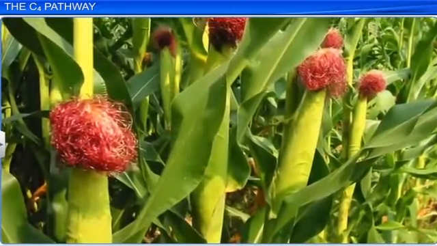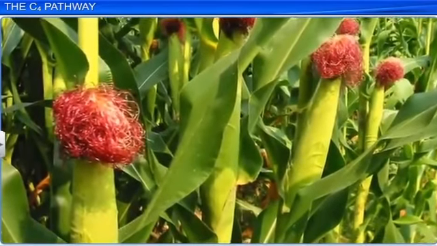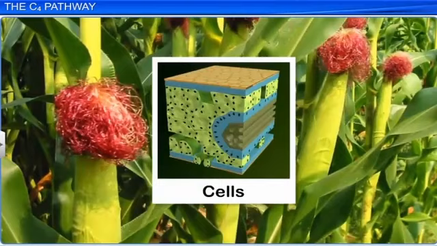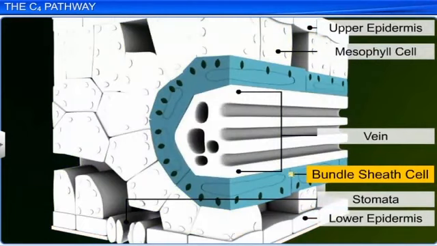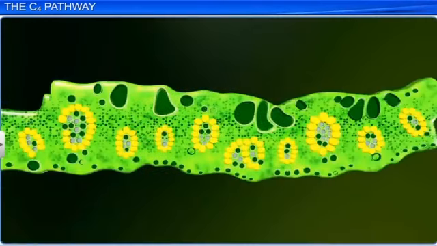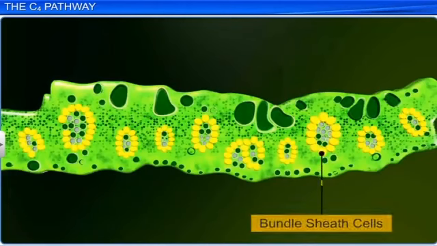The transverse section of C4 leaves, such as maize, shows a specialized arrangement of cells around the vascular bundles called the bundle sheath on the inner side. They are closely arranged and are without intercellular spaces.